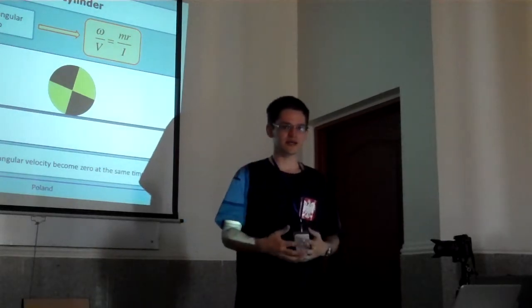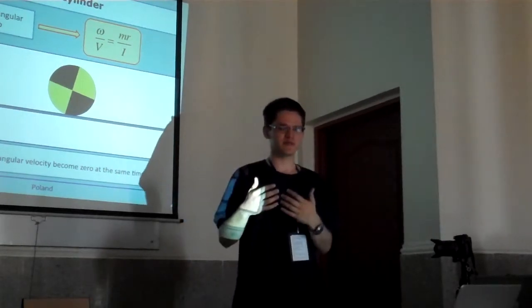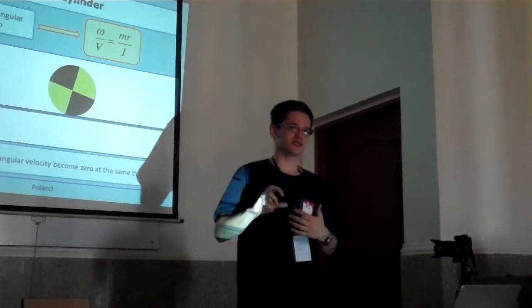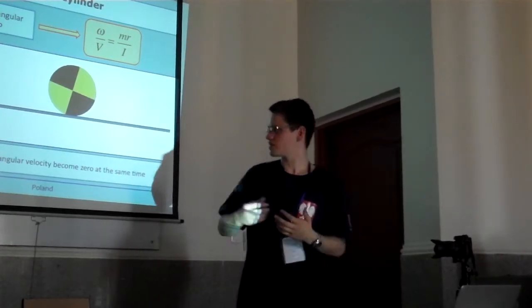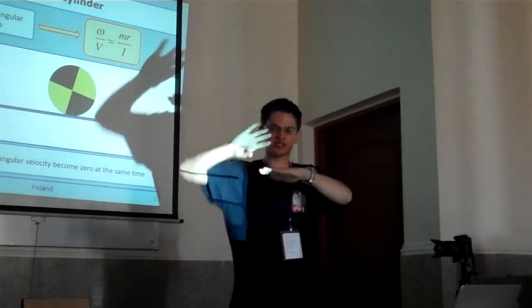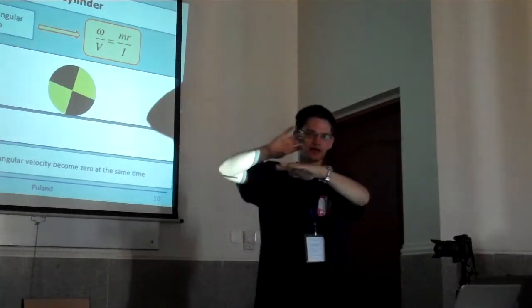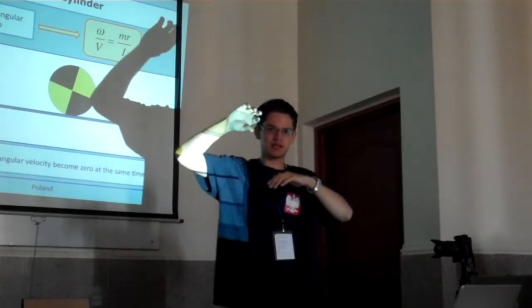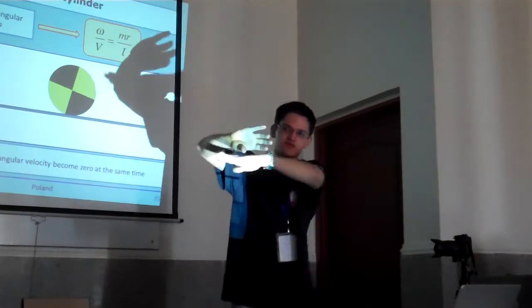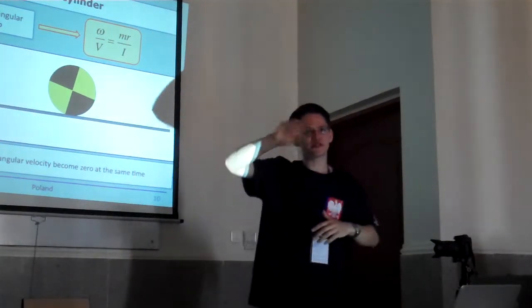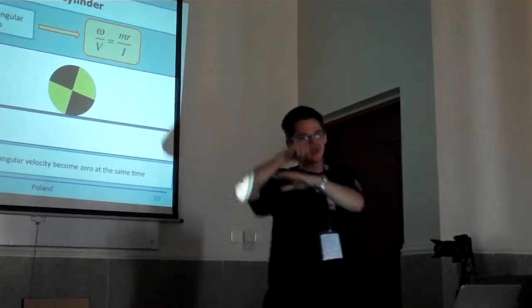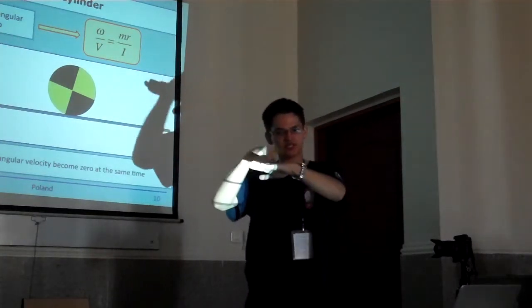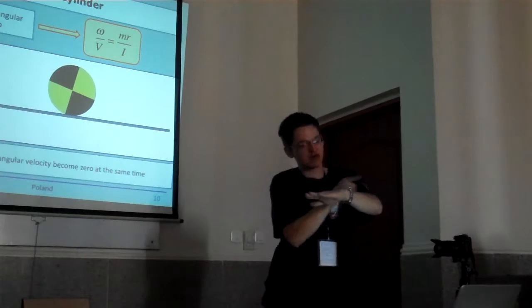When it's on the paper, it is pulled this direction, so the cylinder moves this way. But when it rolls and falls on the table, it rolls this way, and the surface doesn't move. So it tends to stop.